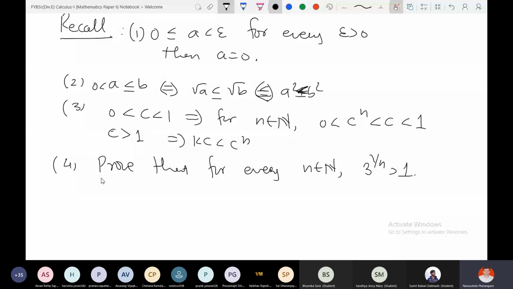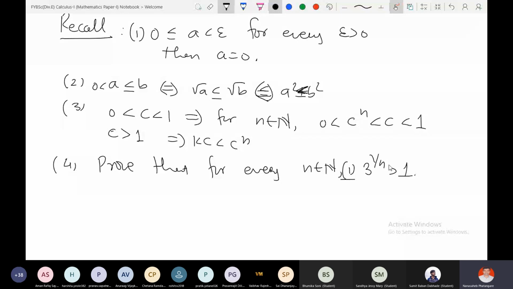Right, so that you can check easily. Now, if you check this, 3 raised to 1/n is greater than 1 for every natural number n, or the nth root of 3 is greater than 1.